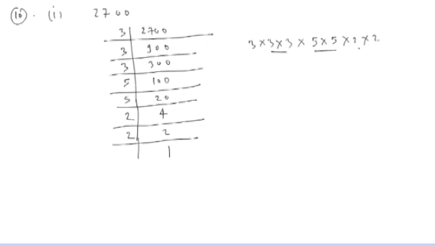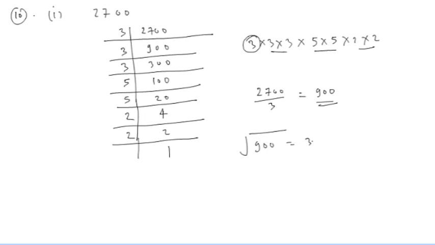So these numbers are in pair, but 3 is the single number. So if we divide this number by 3, so divide 27 by 3, this will become 900. So the new number 900 is a perfect square, so the square root of 900 will be 30 in this way.